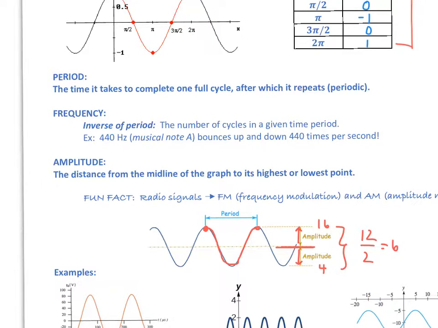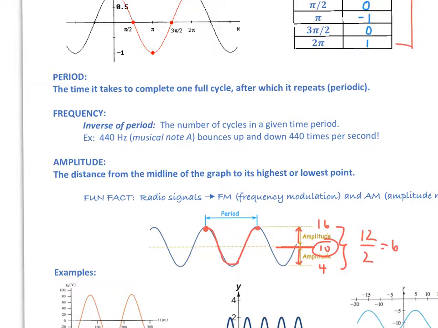So our amplitude height would be a 6, okay? And the reason is our midline is at 10. Well, notice if I go up 6 from 10, I get to 16. If I go down 6 from 10, I get to 4. So if the midline is not at 0, another way to figure out amplitude is just to take the entire height and divide by 2. Okay? So just showing you two different ways.